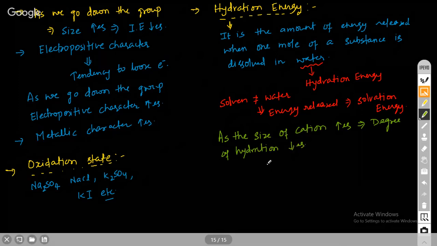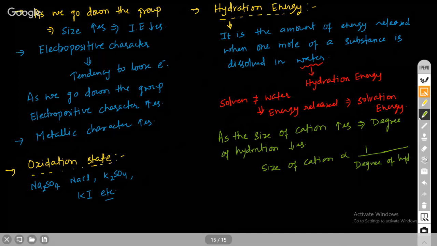It is inversely proportional. So basically we can write size of cation is inversely proportional to degree of hydration. A larger ion is difficult to dissolve, right? Simple thing you can see, if you put some large molecule into water, it is very difficult to dissolve compared to the smaller molecule. So that's the thing. Size of cation increases, degree of hydration decreases.